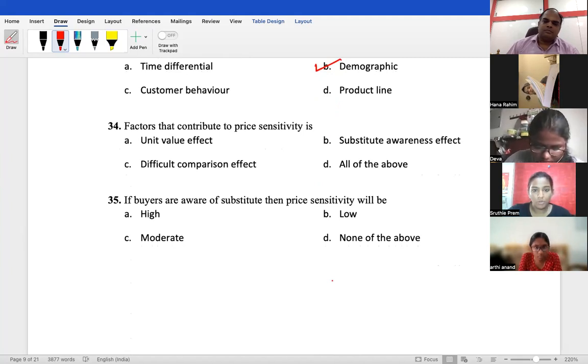Factors that contribute to price sensitivity: option A, unit value effect, B, substitute awareness effect, C, difficult comparison effect, D, all of the above. It's not unit value, it's unique value. So the answer is all of the above.